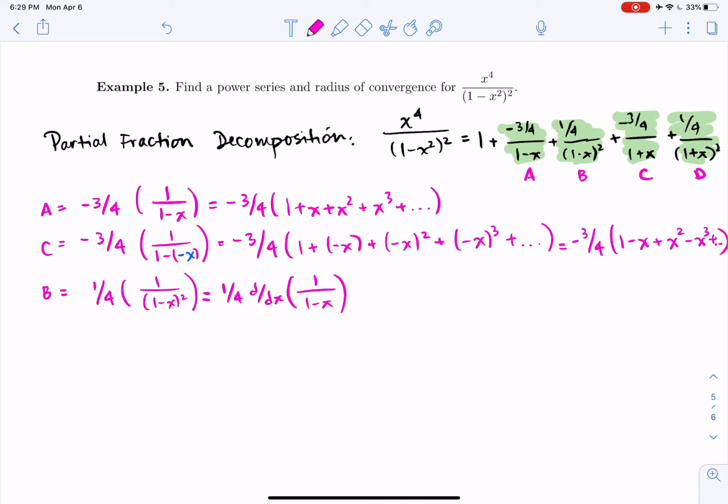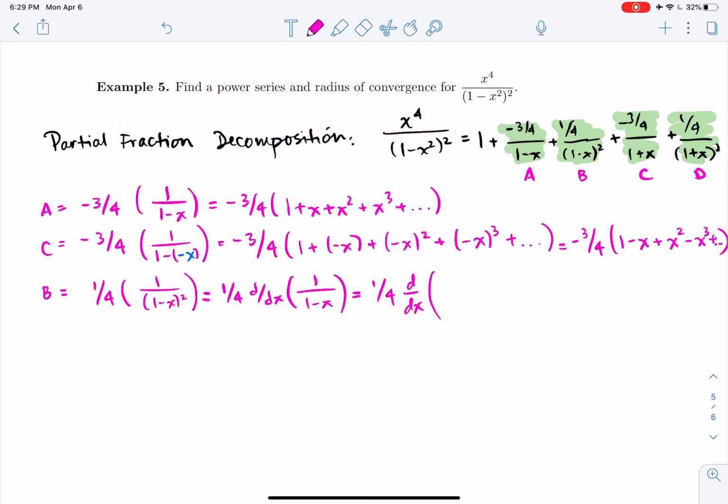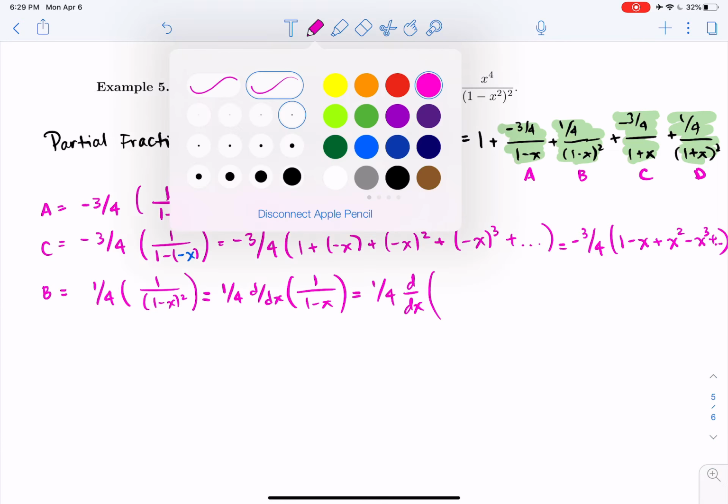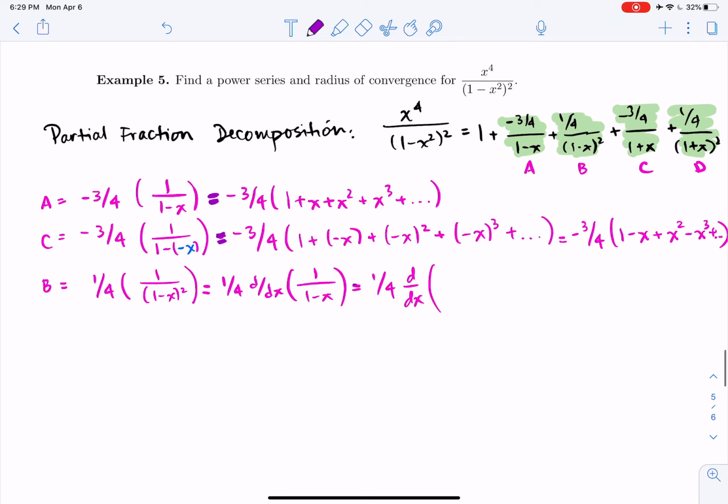Then that means that we can differentiate that function's power series. Let me finish this and then we'll go back and verify what we mean by this equals, and this equals. Okay, just so we have that noted.